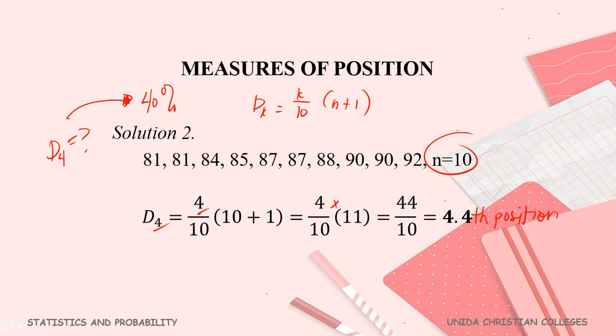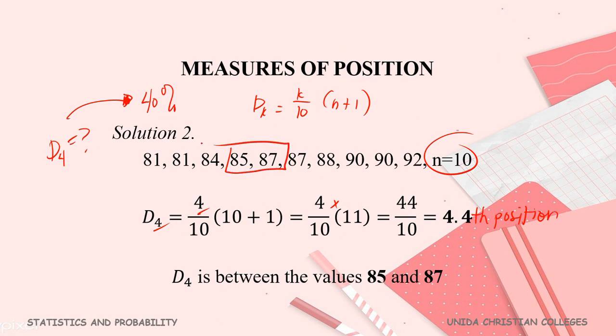Okay, so tingin ka ngayon sa data mo. Since 4.4 ang nakuha mo, between lang po yan sa 85 and 87. We have 1, 2, 3, 4. Since 4.4, nandito lang yan sa pagitan ni 85 and ni 87. Okay, and ang decimal part po natin ay 0.4 or 0.40.